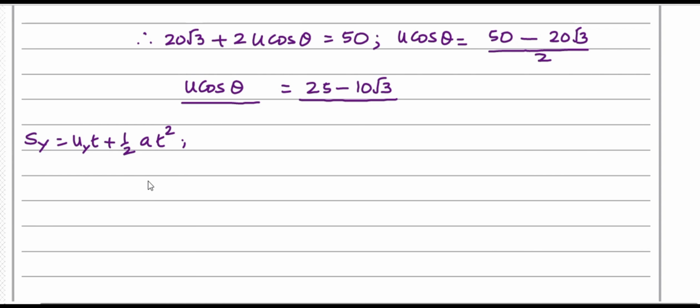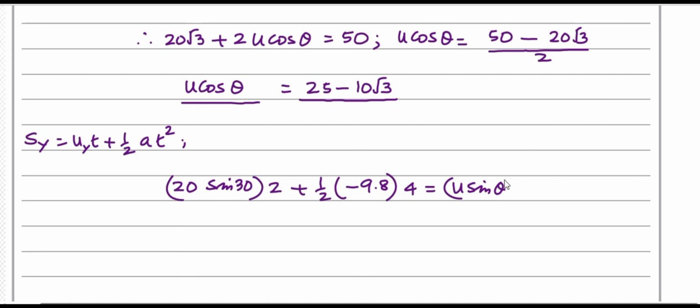In the case of P, it's going to be 20 sine 30, that is u, times t which is 2 seconds, plus half, bracket minus 9.8 times 2 squared, and that should be equal to u sine theta, because we do not know u as well as theta, times 2 plus half, here also it is minus 9.8 times 4.